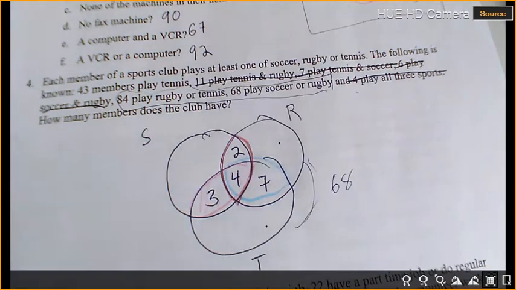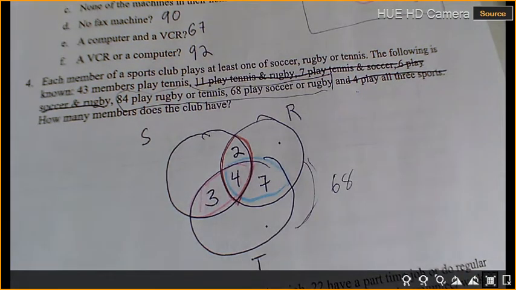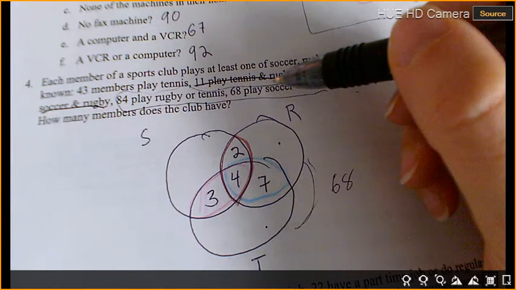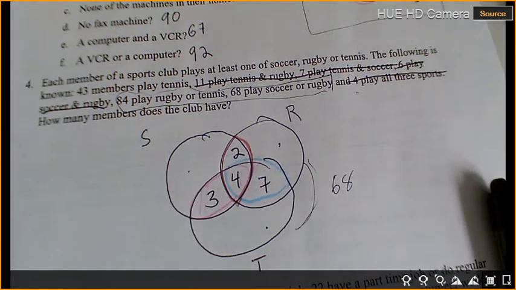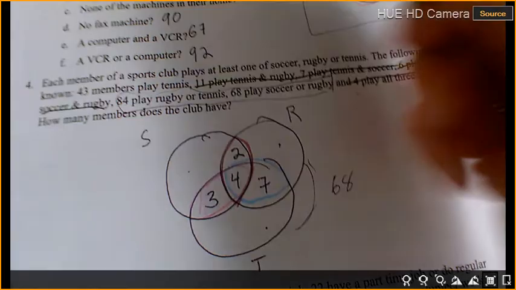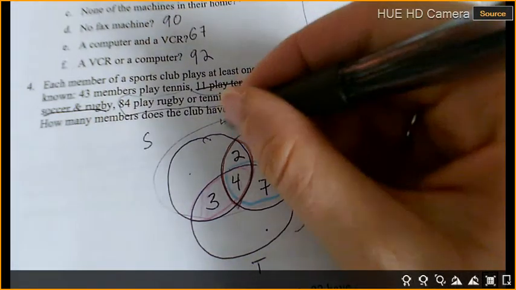Okay? So I can't put anything there yet. Now, I've got 68 play soccer or rugby. So I have to go 68 minus 7 minus 3 minus 4 minus 2. Gives us 52. So this part has to add up to 52.